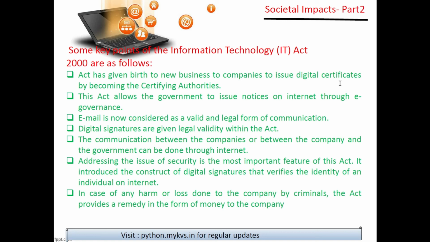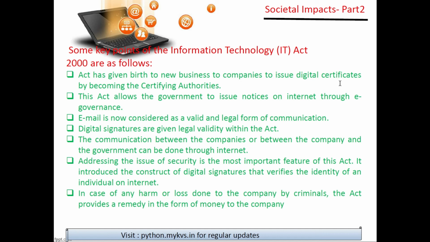Email is now considered a valid and legal form of communication. You will often see that when a bank sends an email, it is written "digitally verified". It means the digitally generated document does not need any signature. You will not find any kind of signature there, and that is because it is legalized by cyber law.